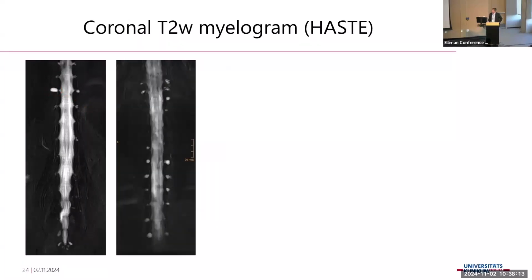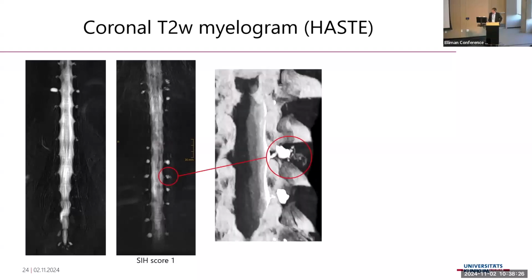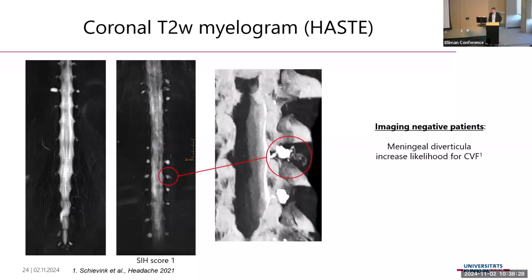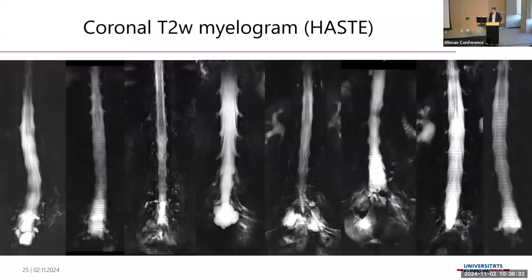But what we know is patients that are negative on imaging, like this patient with an SIH score of 1, but presenting with multiple meningeal diverticula, have an increased likelihood for an underlying CSF venous fistula, like in this patient.